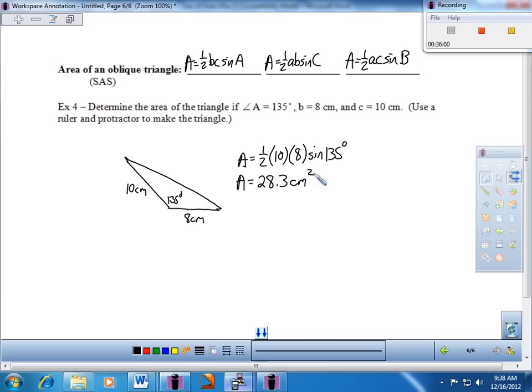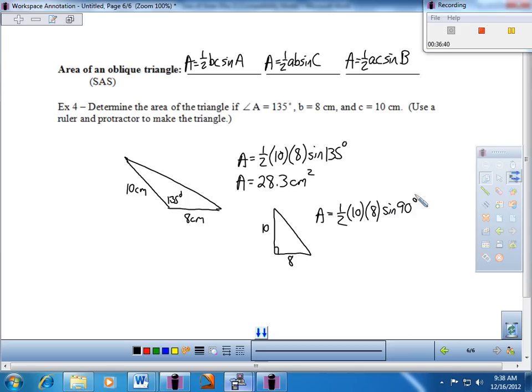Very, very straightforward. And if you don't mind bearing with me for one more sec here, you can see it really is just an extension of 1/2 base times height. So if I asked you something like this, I'm just making my numbers up now, what if that is still the 10 and an 8? What if that's 90 degrees right in there? Well, watch this, guys. Again, it doesn't relate to example 4, but I like seeing connections. So I would do 1/2 times the 10 times the 8 times the sine of 90 degrees.